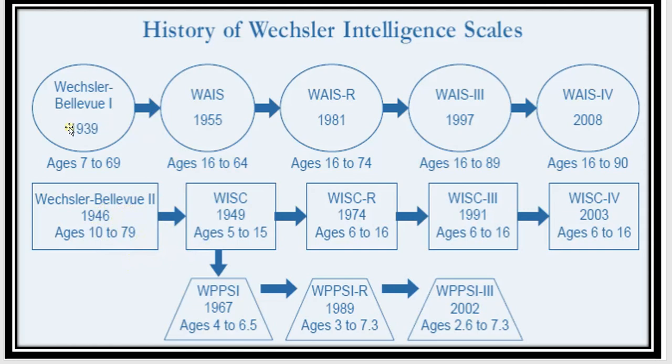So the adult intelligence scale is based on the Wechsler-Bellevue scale, and then in 1955 this scale was renamed as the Wechsler Adult Intelligence Scale. Then its revision took place in 1981, and in 1997 the third edition was developed, and from 2008 onwards, WAIS IV is available for assessing adult intelligence.